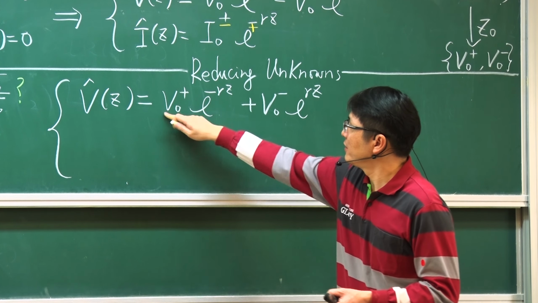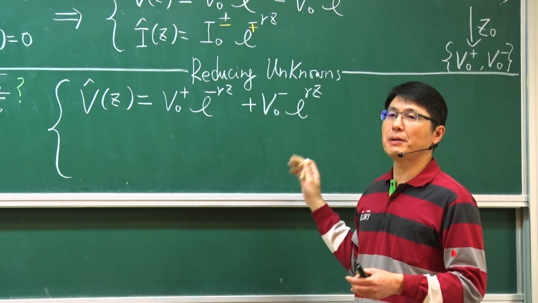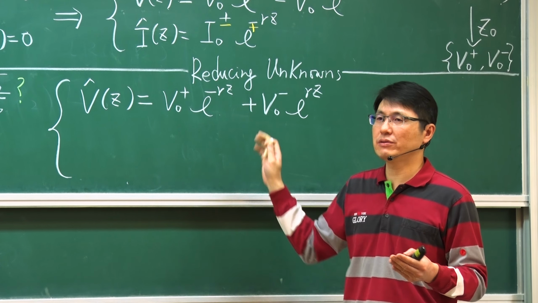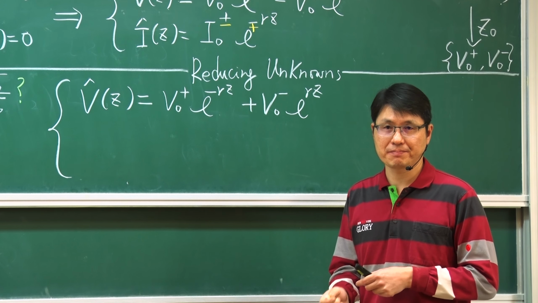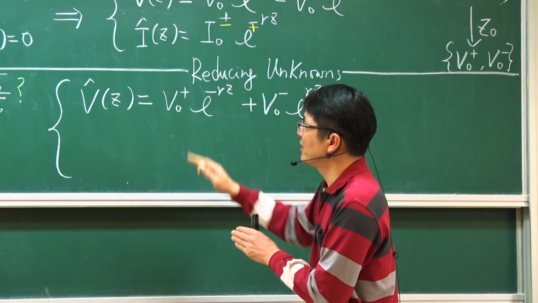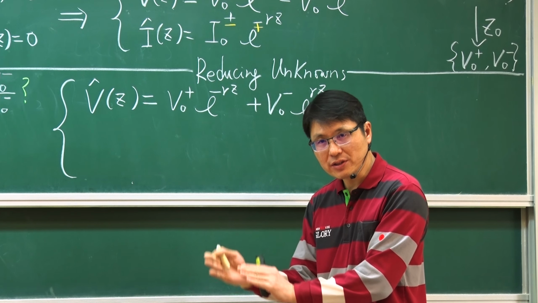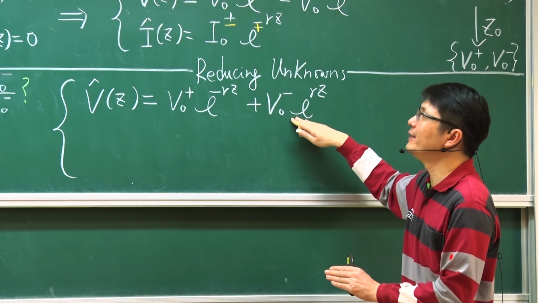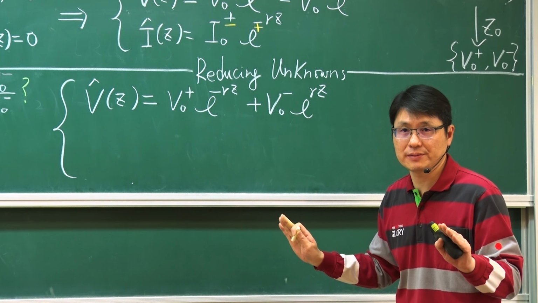When each component is a solution to the wave equation, I add them up linearly. This is called linear superposition. The result is still a solution to the initial wave equation. So this is valid. And this is really saying that on the transmission line, simultaneously, I have a forward propagating wave plus a backward propagating wave, which is completely valid.